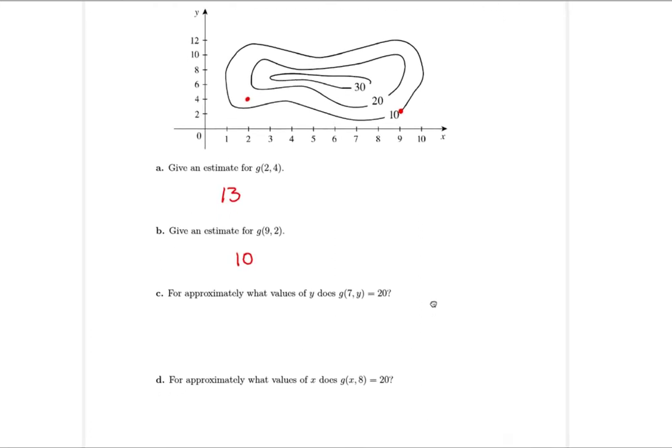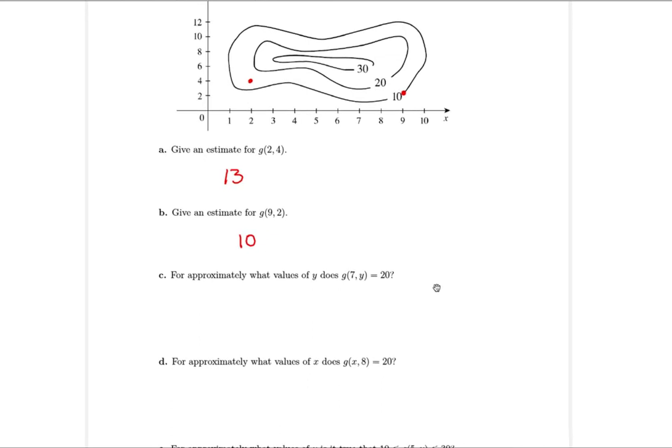For approximately what values of y does g(7, y) equal 20? The idea here is that we are fixing x at 7, so that is stuck at 7. They're asking for what values of y the function equals 20.